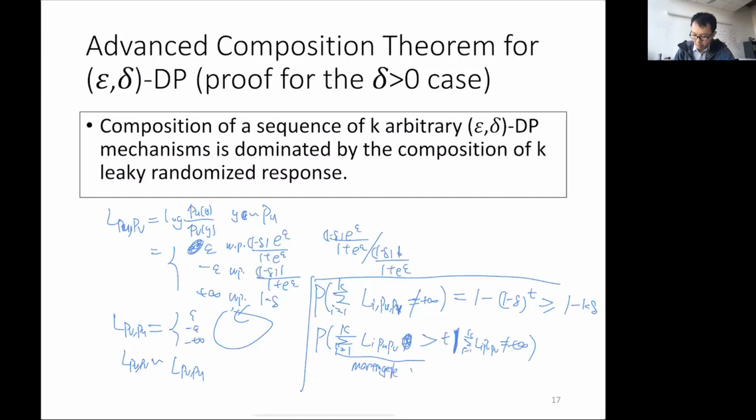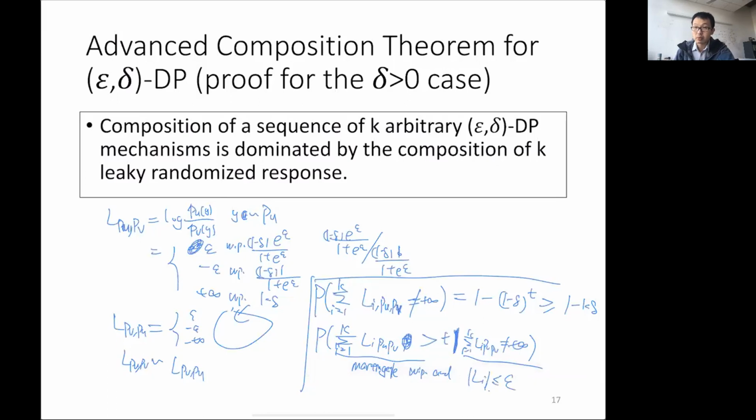Now that we're conditioned on this being not positive infinity, it means that this pathological event never really happens. So this is a martingale, and each individual random variable L_i is bounded by epsilon.